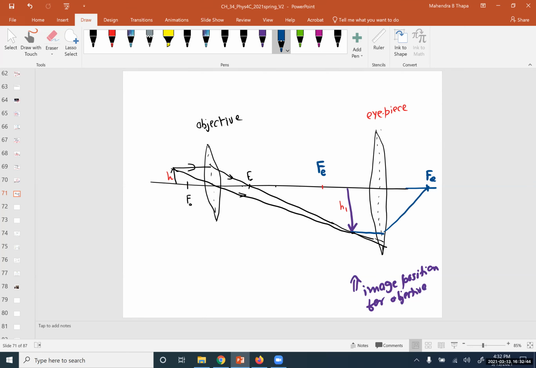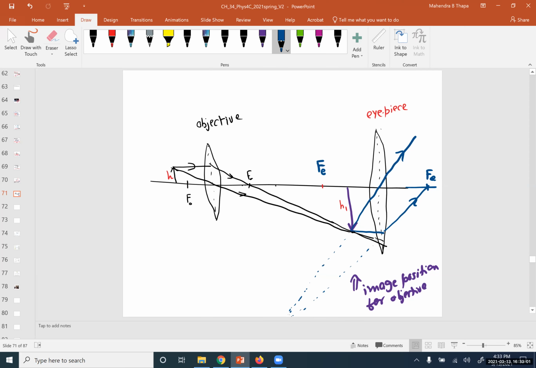Another ray from the optical center passes through this. Then if you produce this ray, it will meet somewhere. Let's say it meets here. So the final image will be formed. This is the position of the final image.